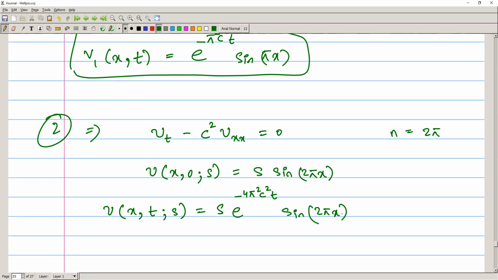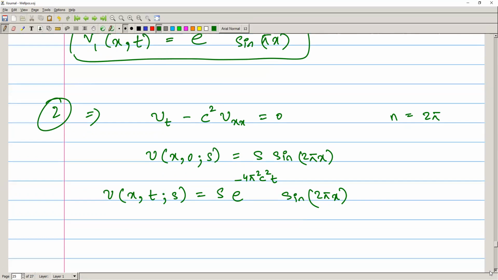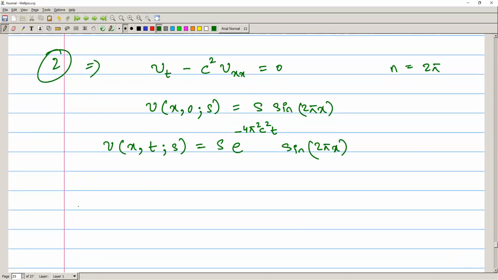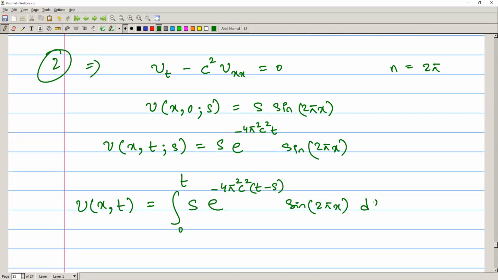So now we can solve the equation for v of x comma t. So v of x comma t is equal to the integral from 0 to t of s times e to the power negative 4 pi squared c squared times t minus s, sine 2 pi x, ds.